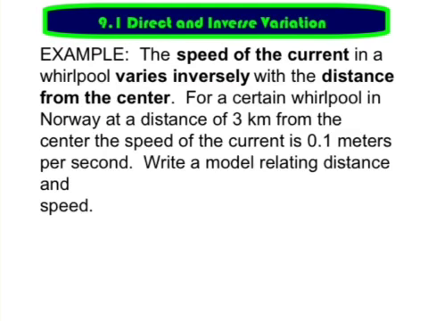Another example says the speed of the current in a whirlpool varies inversely with the distance from the center. So right then and there, I'm just going to pause and say S for speed varies inversely, so K over D, the distance from the center.